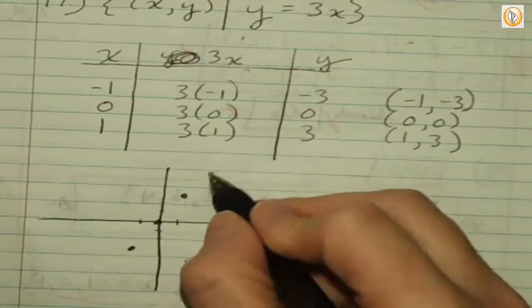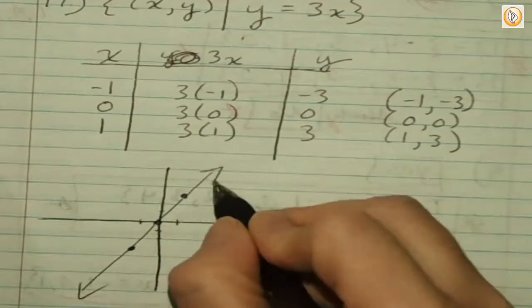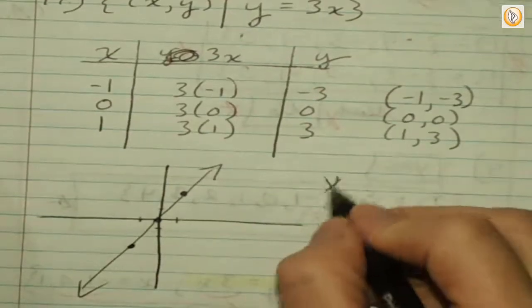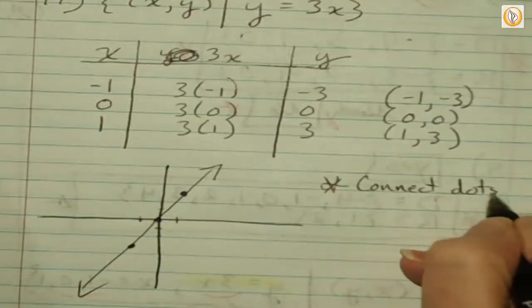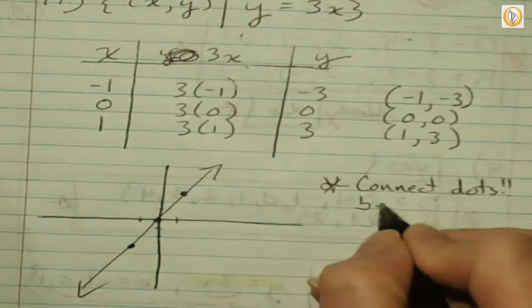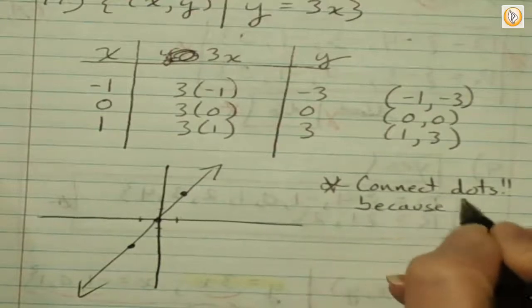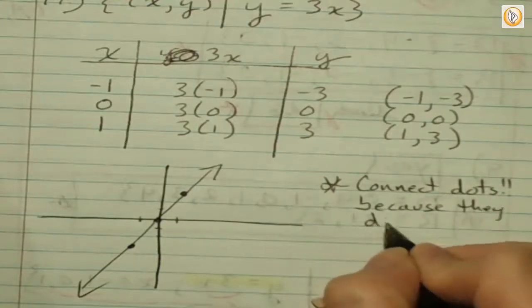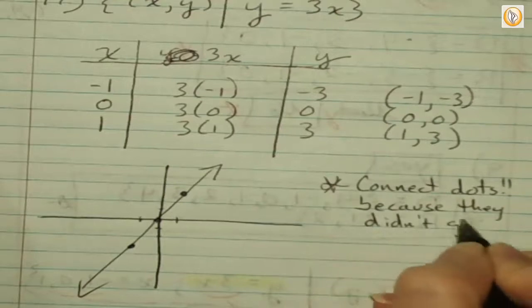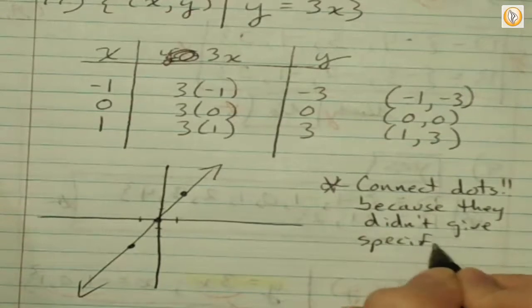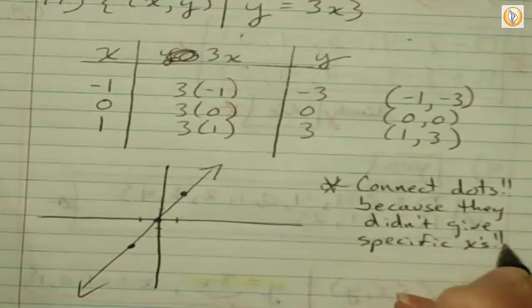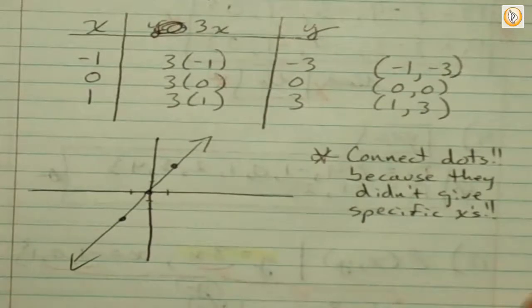This time you do connect the dots, because they didn't give specific x's. Okay, so when they don't give you specific x's, you connect the dots. So it could be a function or not a function.